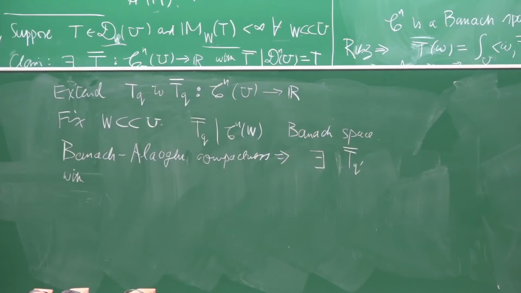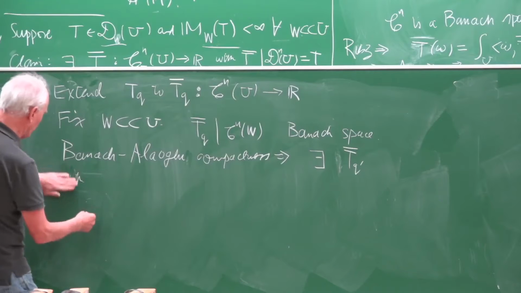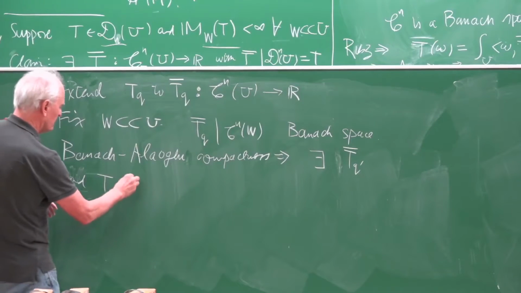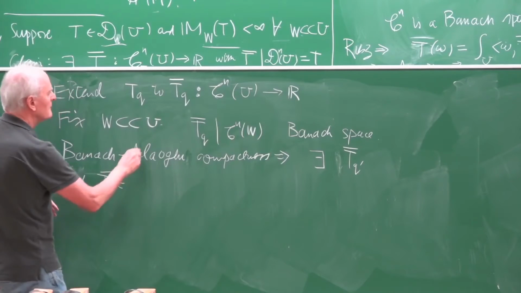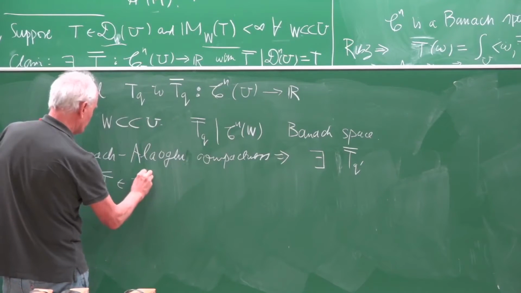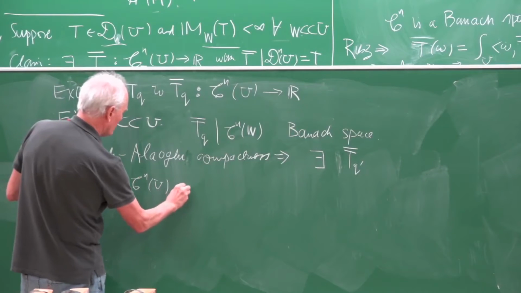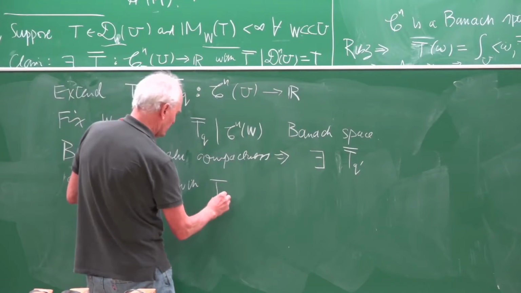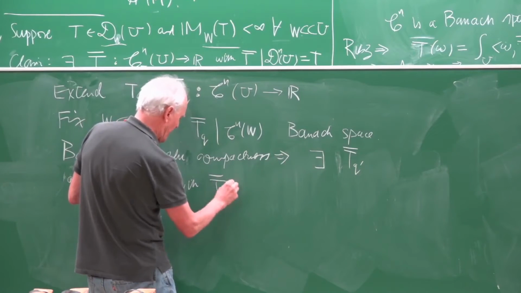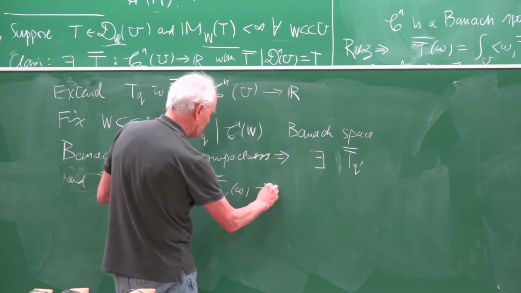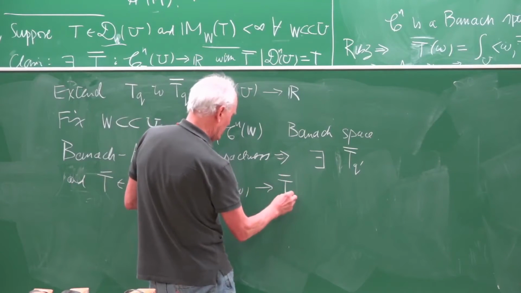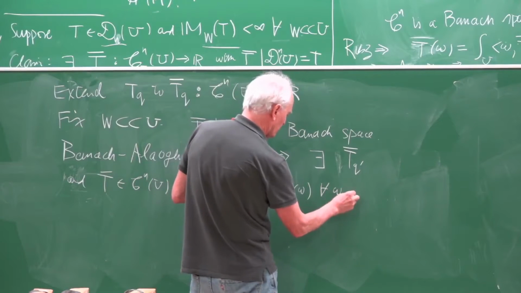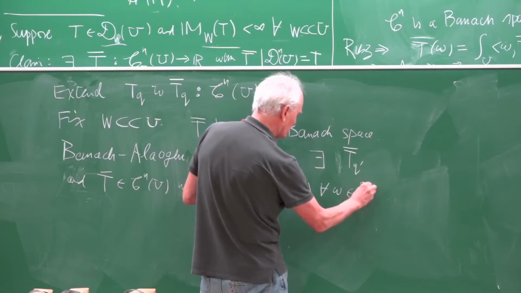So there you get a subsequence and a T bar in C^n(U) with T_q bar omega converging to T bar omega for every omega in D^n(U).